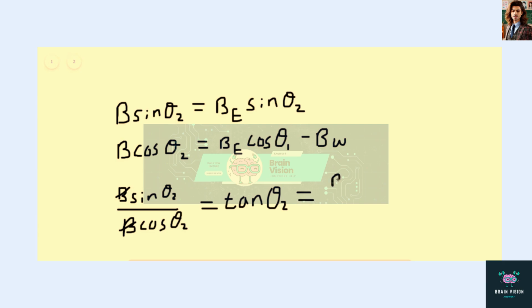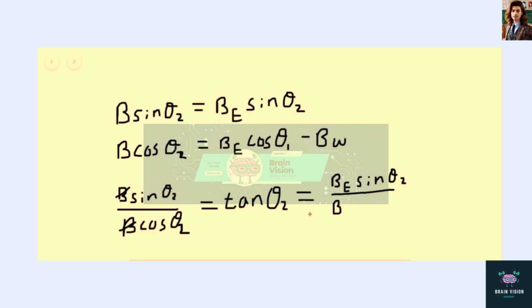It was equal to B sub E times the sine of the angle theta 1. And this is divided by B cosine of theta 2, which was B sub E times the cosine of theta 1 minus B sub W. Sorry about the typo there. That's how we get that tangent of the angle theta 2.